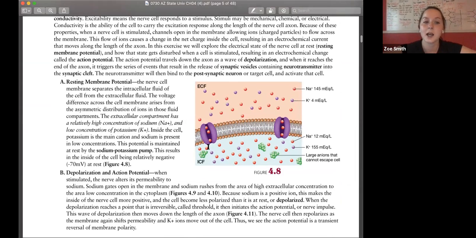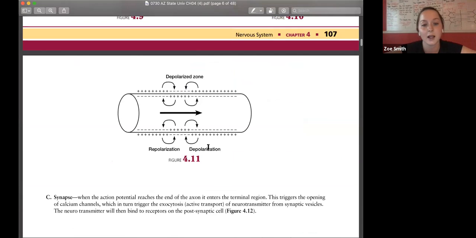And when it reaches the end of the axon, it triggers a series of events that result in the release of synaptic vesicles containing the neurotransmitter into the synaptic cleft. The neurotransmitter will then bind to the postsynaptic neuron or target cell and activate that cell. You can see that in this photo.